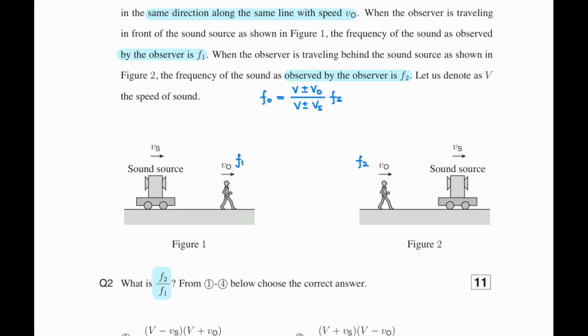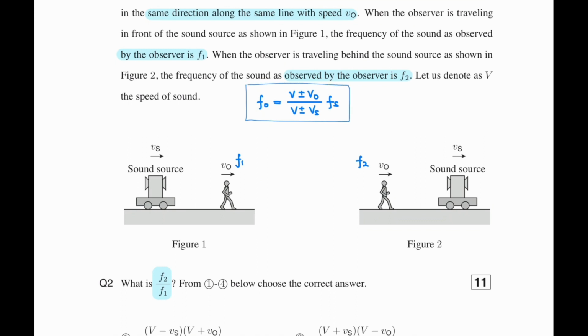I will repeat it once again. FO is the observed frequency, VO is the speed of the observer, Vs is the speed of the source, Fs is the frequency of the source, and V is the speed of sound. Basically, this is the basic formula for the Doppler effect.